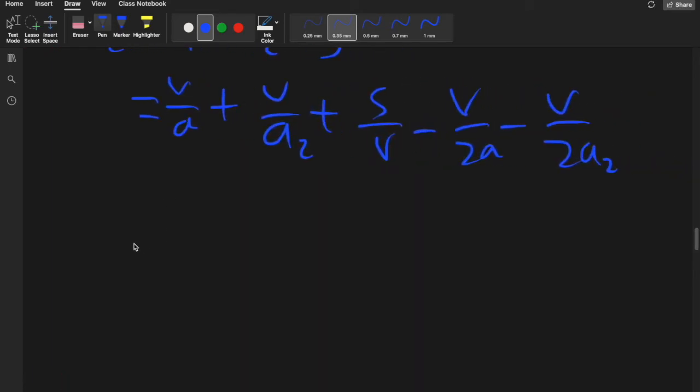And then you just combine the fractions together, so 2a here, 2av combined with this one.